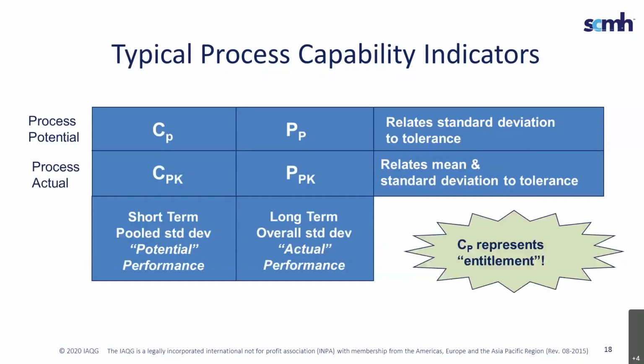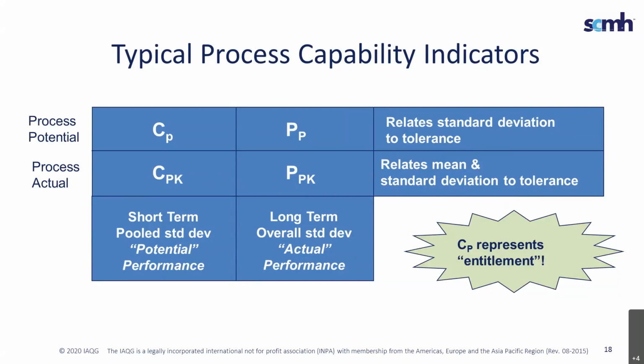Now, let's describe a little bit what those two, especially variable indices, are: the CP, CPK, and PP and PPK. If you're looking at CP and PP, those assume that the process is centered and just relate the standard deviation to the tolerance. It does not take into account whether it's centered or not.